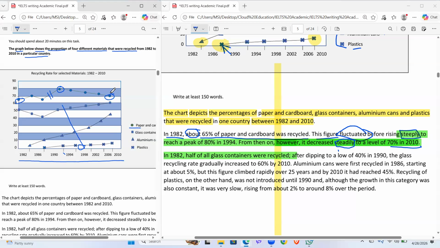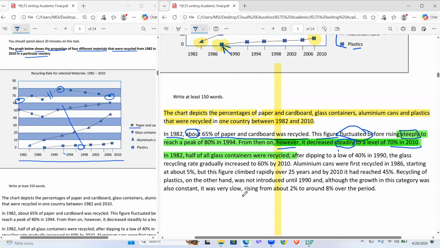Yes, contrast. If you want to show additional information, you can use additionally, furthermore, moreover, in addition to this. But however, in contrast, on the other hand, these are contrasting words. So this paragraph is about paper and cardboard.